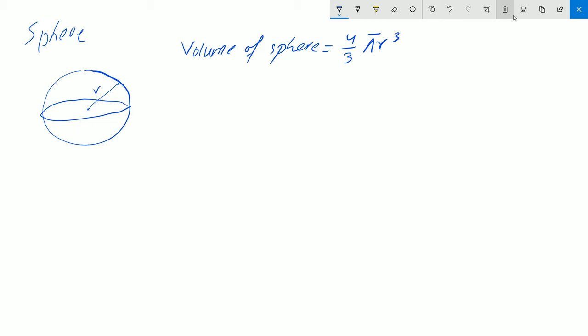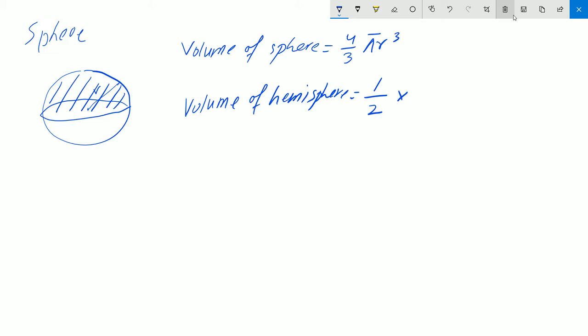To calculate the volume of one hemisphere, by that we mean this area, we use the formula: volume of hemisphere equals 1 by 2 into the volume of sphere. So basically we're calculating the volume of half of this sphere. So we multiply the volume of the sphere with 1 by 2, which gives us 1 by 2 into the volume of sphere, which is 4 by 3 pi r cubed.